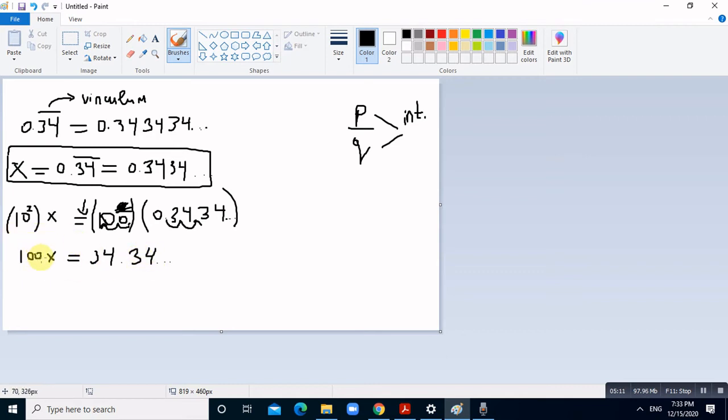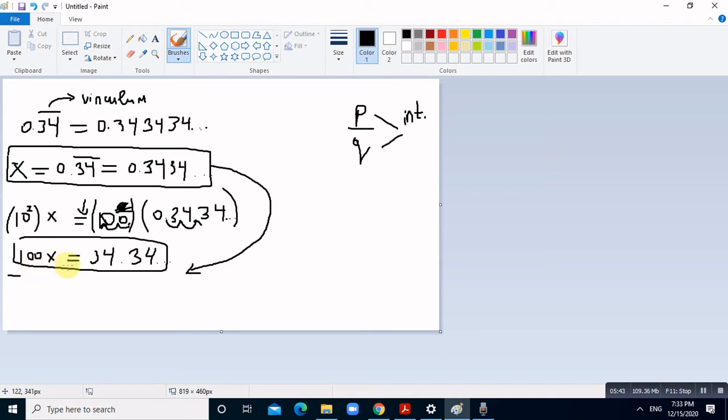Now, I'm not going to go ahead and keep solving, because if I do, I'm going to go back to x is equal to 34 divided by 100, and we come back to this form up here. So instead, what I'm going to do is bring this equation down here, and I'm going to subtract the first equation from this second equation.